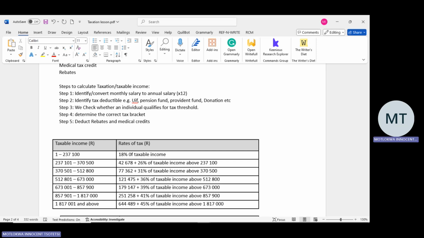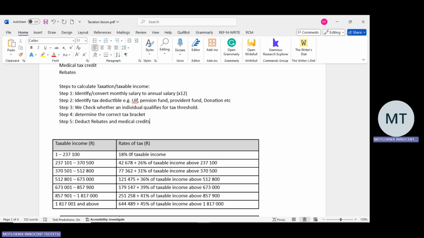So we are going to deduct rebates, whether in terms of we are going to check the age of that individual, in terms of which tax bracket, actually which rebate does that person qualify for, and also the medical credits in terms of which family members did this person paying this tax include on his or her taxable income.